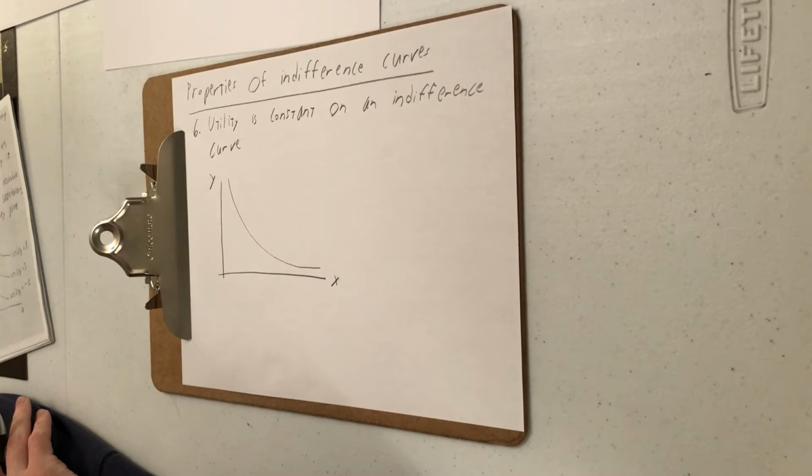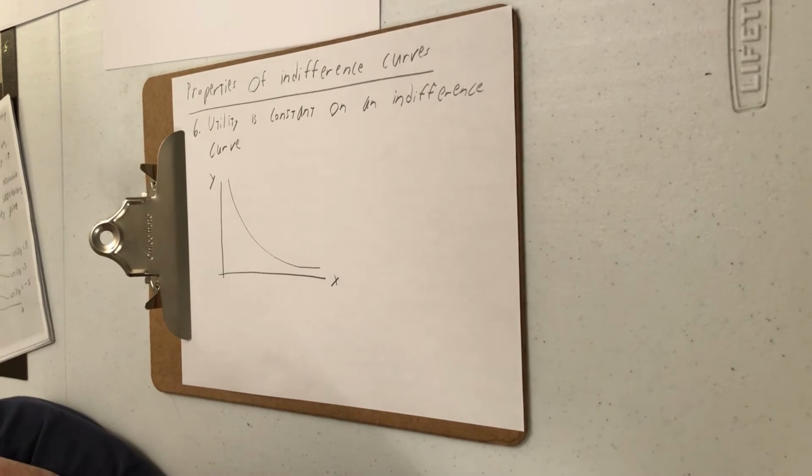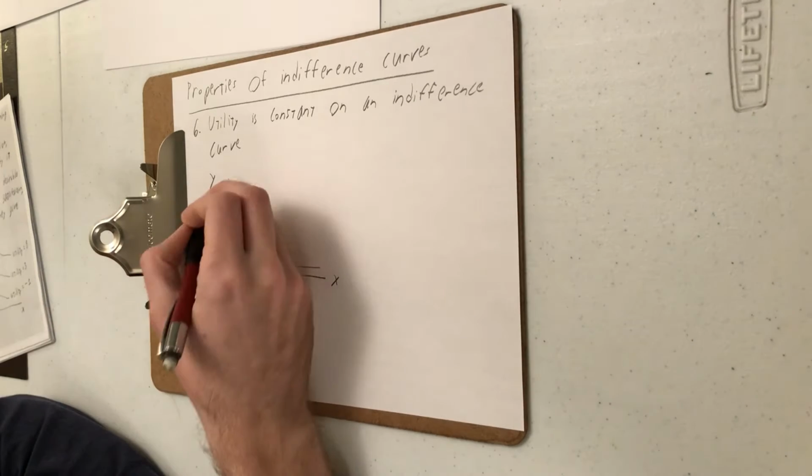So remember, utility is how much happiness you get from consuming these goods. An indifference curve connects all the combinations that are equally good.